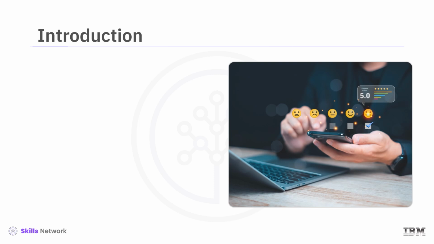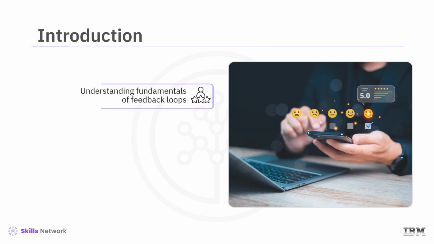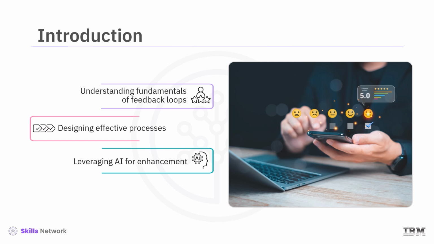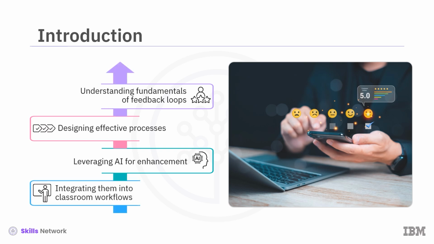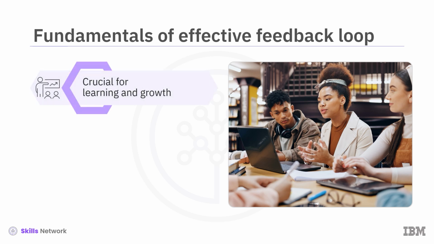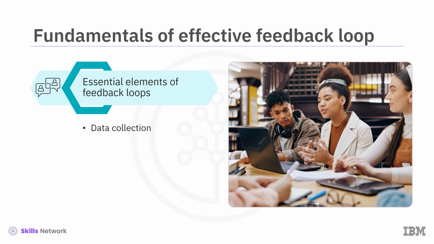Let's explore feedback loops in education by understanding their fundamentals, designing effective processes, leveraging AI for enhancement, and integrating them into classroom workflows. Effective feedback loops are crucial for ongoing learning and growth. They comprise several essential elements, including data collection: quantitative and qualitative data collected from testing, classroom observation, and student self-reporting.